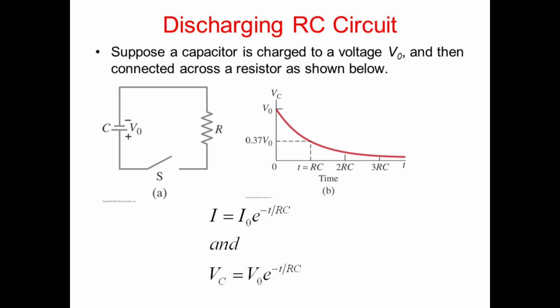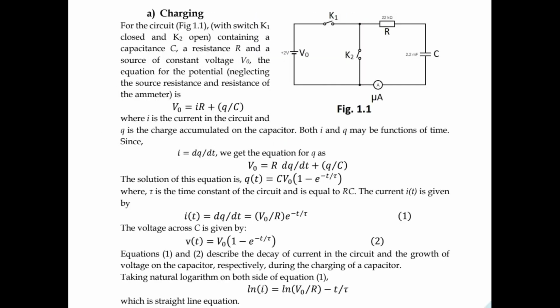As a result, there is decay of charge in the capacitor, and since the voltage of the capacitor is given by Q by C, and by KVL we can easily see Q by C will be equal to IR, and since Q is decreasing, I will also be decreasing in that nature.